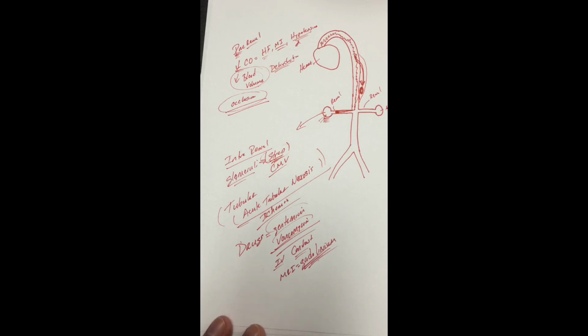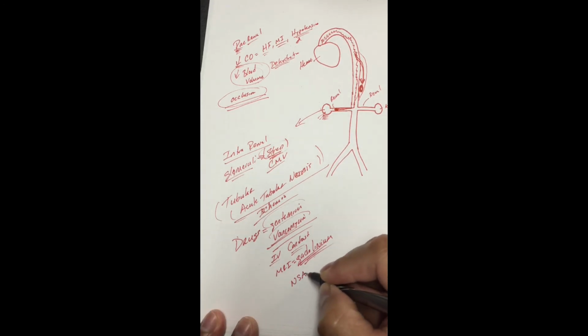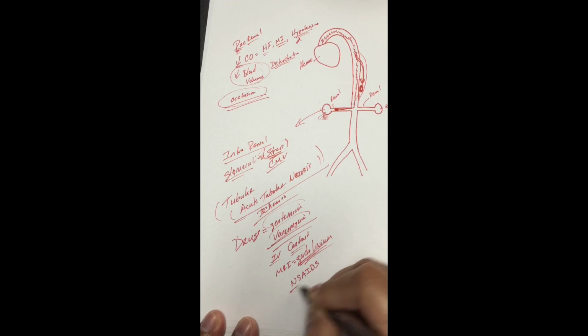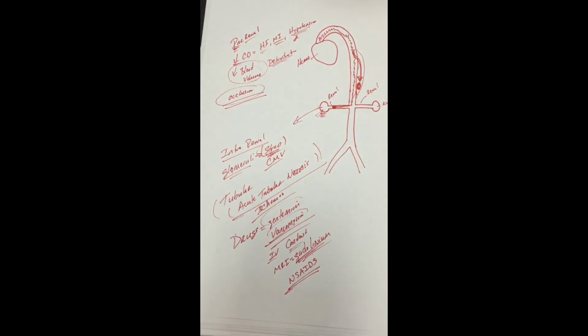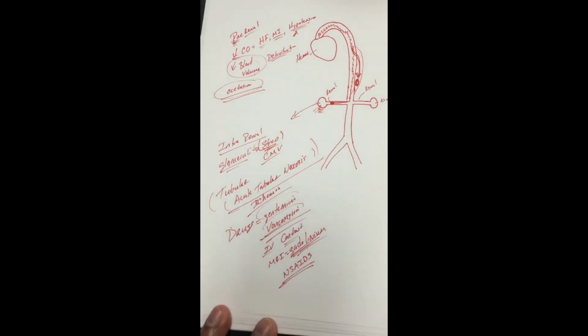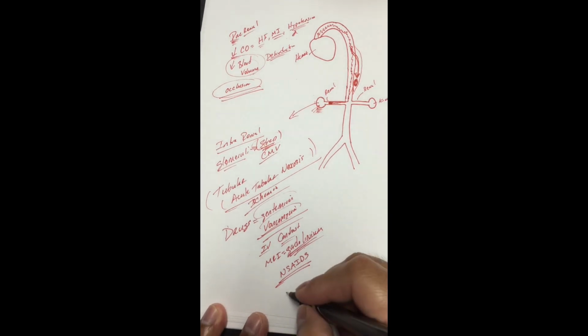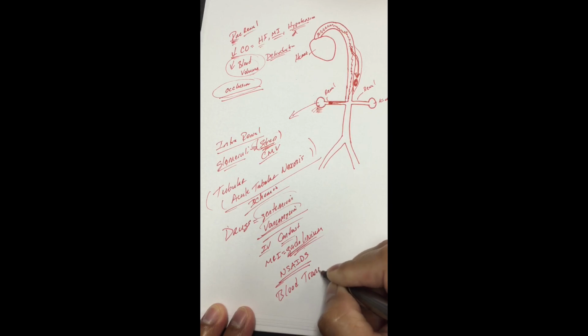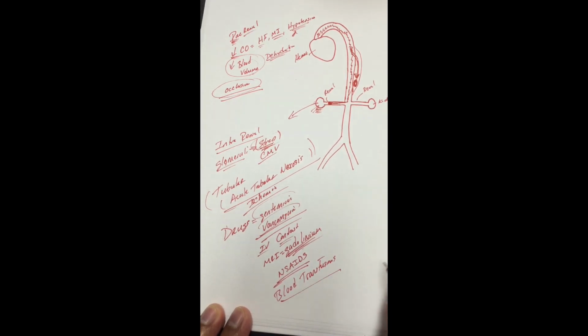Other medications that can cause problems are your NSAIDs. Blood transfusions can also cause problems to your kidneys.